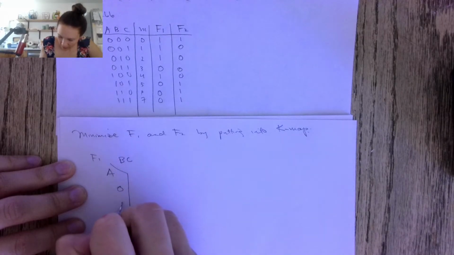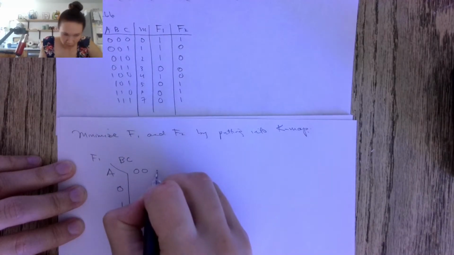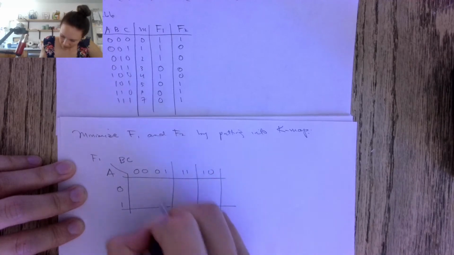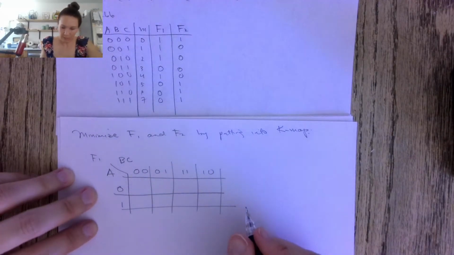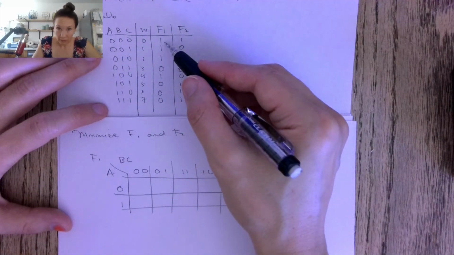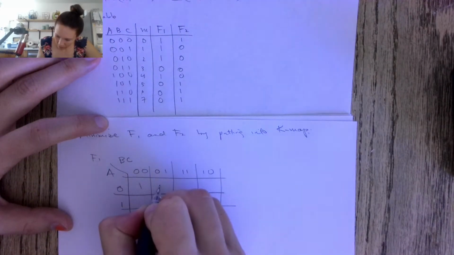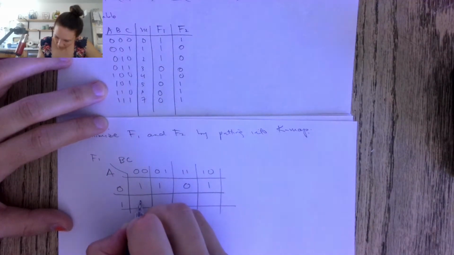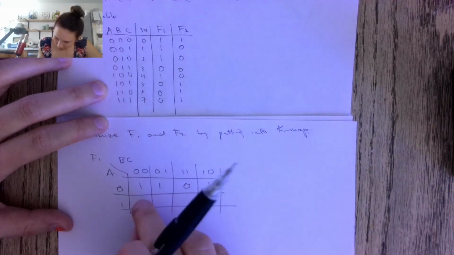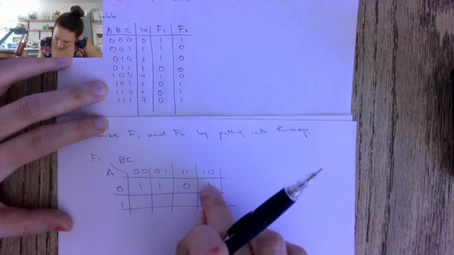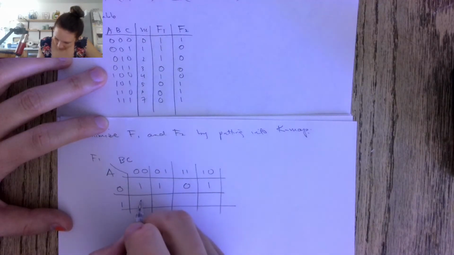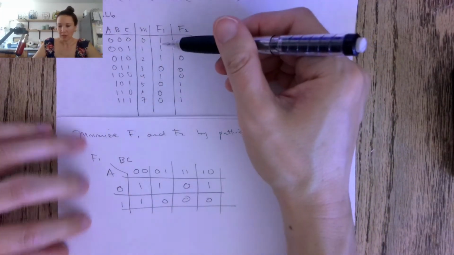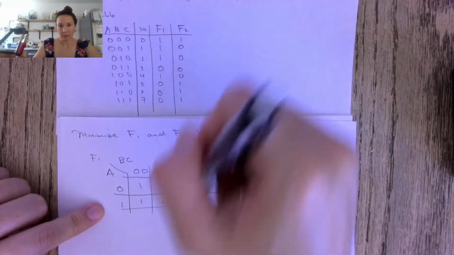So A can be 0, 1, and BC can be 00, 01, 11, 10. So here's my 3-input K-map. Now F1 here is 1, 1, 1, 0, then 1, 0, 0, 0. So I transferred the bits in this F1 column to my K-maps.